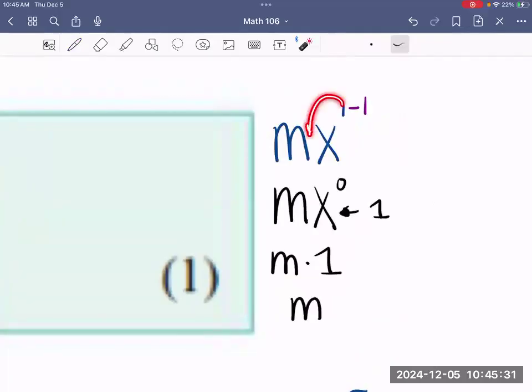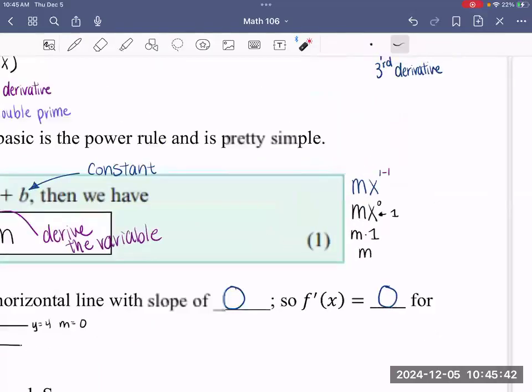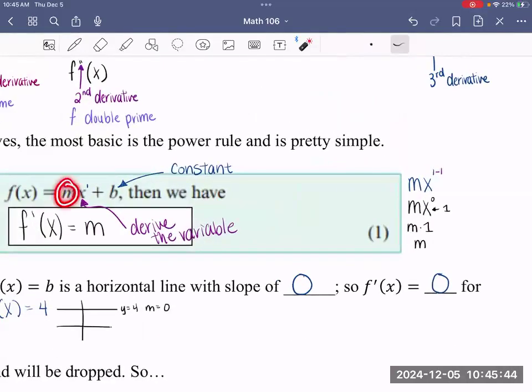The 1 comes down, and because it was a 1 to start, it doesn't affect anything. Then you subtract the 1 and evaluate. For linear functions, it's always just going to be m. For quadratic, cubic, quartic, and so forth, it'll be a little bit more involved, but the power rule is the most basic one, and you'll get the hang of it.